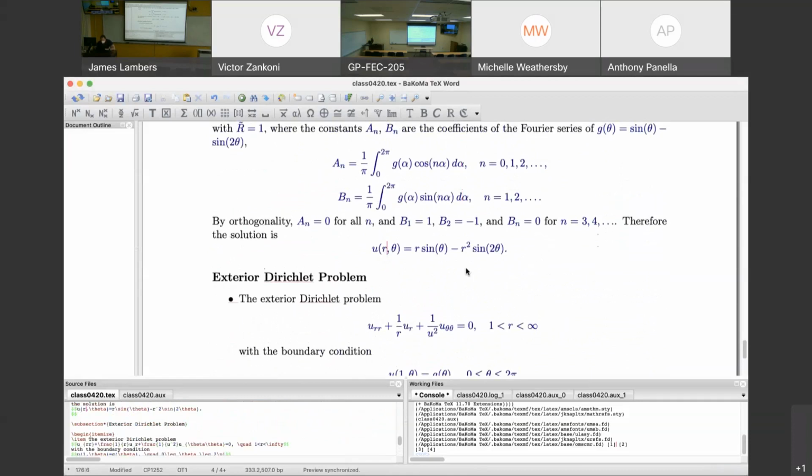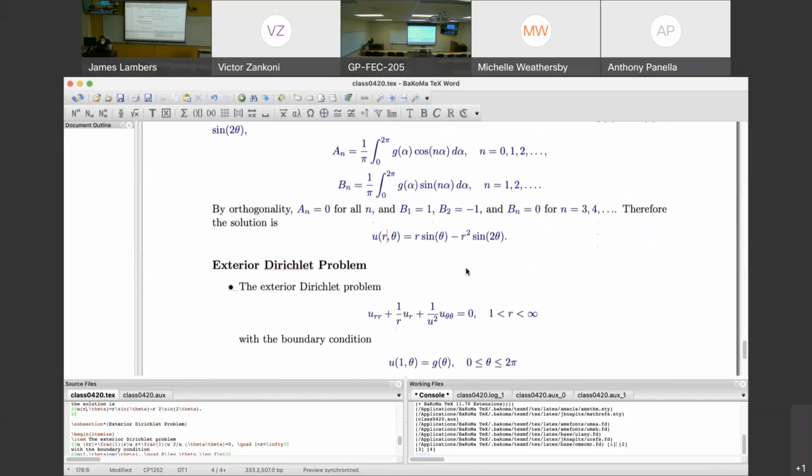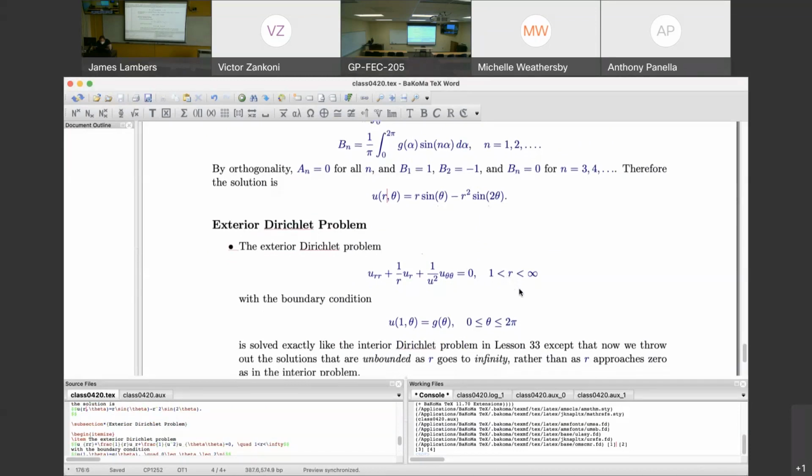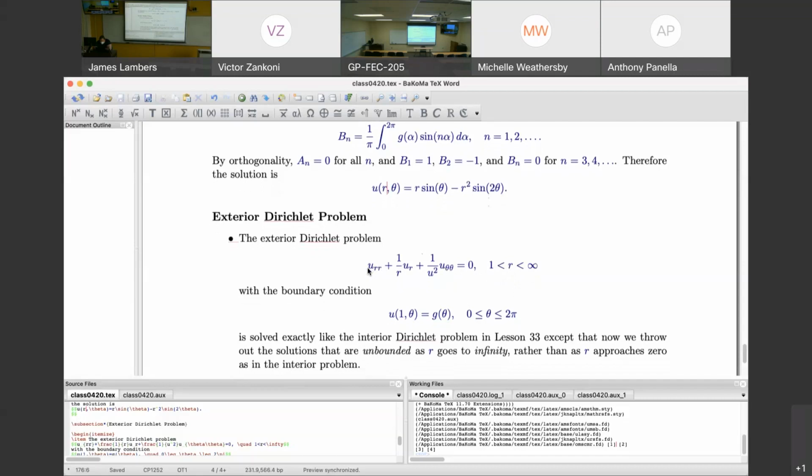Okay, so this is where I just left off. I've been talking today all about the interior Dirichlet problem, where the solution must satisfy a PDE, the Laplace equation, inside of the circle. What about outside a circle? So here, for example, it's already expressed in polar coordinates. This is Laplace's equation, for your radial variable greater than 1.